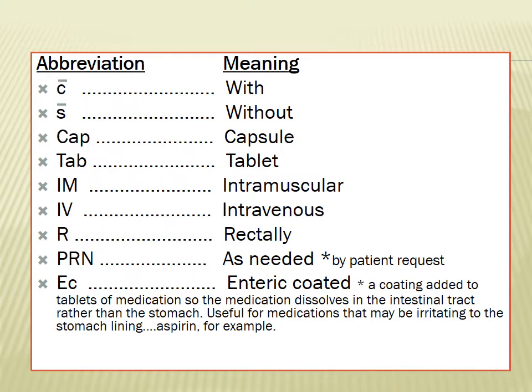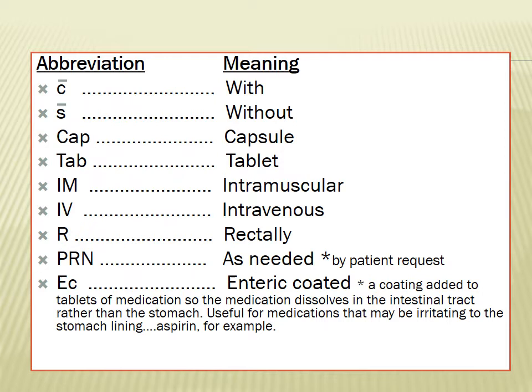Often, physicians will order medications to be given to a patient on a PRN basis, meaning when the patient needs it, and often these are medications used to treat patient symptoms such as pain or nausea or diarrhea, constipation, etc. So they wouldn't be given routinely, but only if the patient needed or requested it.